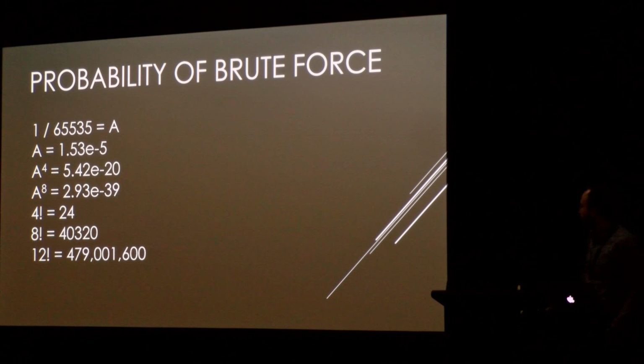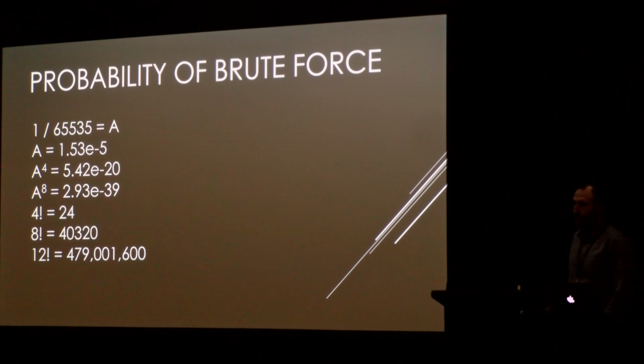If you look at the probability, it's 1 in 65,000. If you say this is A, then it's 1.53 times 10 to the negative 5 percent that you'll guess it randomly. But if you put A to the power of 8 or to the power of 4, it becomes almost impossible to do this by brute force. Say some adversary figured out which 4 ports they might need to send SYN packets to get in. Then there are 24 different combinations.